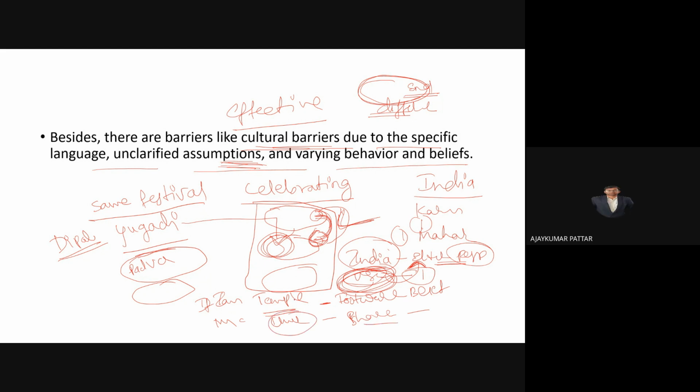His belief is different, my belief is different. Whether he is correct or I am correct does not matter. His belief is like that, he is doing it. My belief is like this, I am doing it. So this type of different cultural things, different beliefs, sometimes also lead to a barrier in communication. But we have to understand their beliefs and respect their beliefs, and they should respect our beliefs.